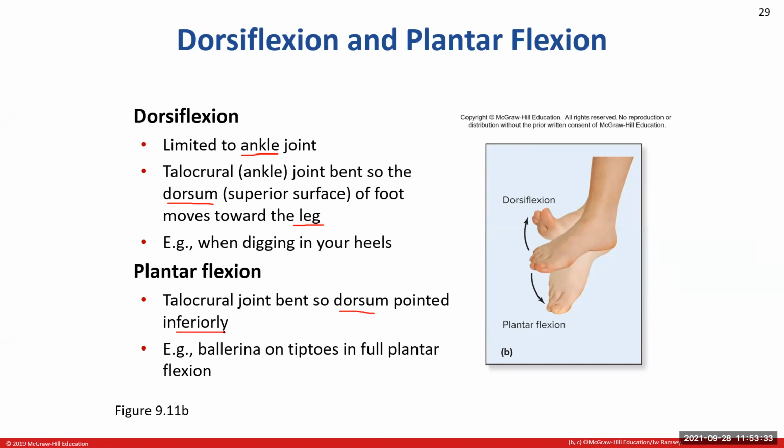When they go onto their tiptoes, that's plantar flexion. So you can look over here. Here's the top of your foot. We're going to try to bring the top of your foot as close to your shin as possible. So when we do that, that's dorsiflexion. So we're raising our toes up towards your shin. Then when we go to point your toes down towards the floor, that's plantar flexion.